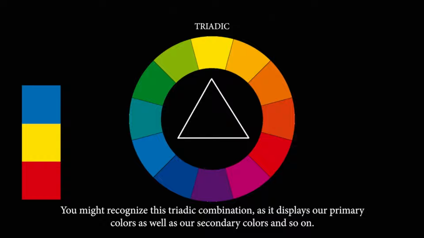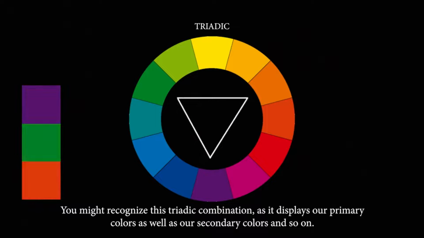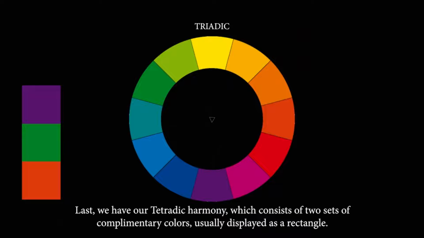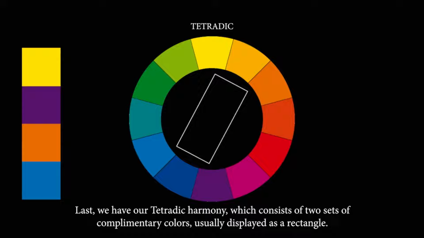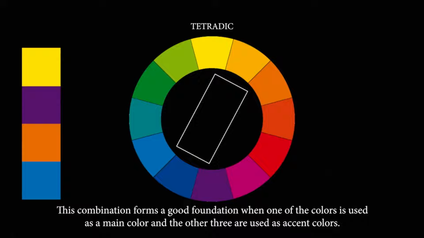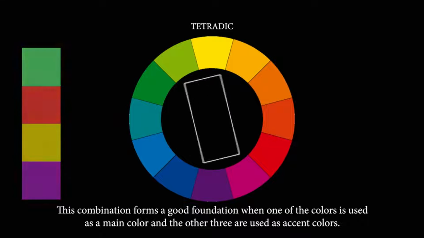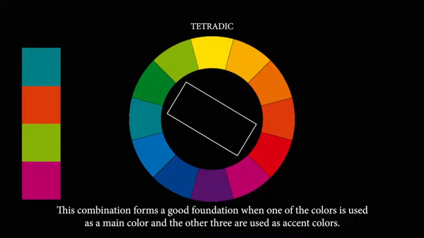You might recognize this triadic combination as it displays our primary colors as well as our secondary colors, and so on. Last, we have our tetradic harmony, which consists of two sets of complementary colors, usually displayed as a rectangle. This combination forms a good foundation when one of the colors is used as a main color and the other three are used as accent colors.